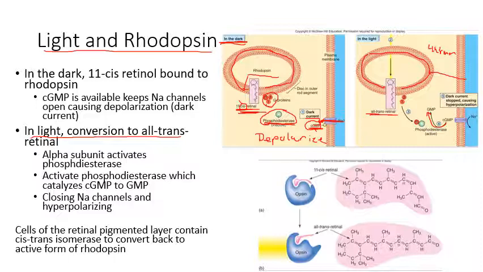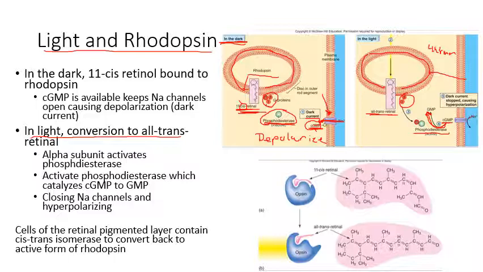And that will cause activation of these G proteins. Now the G protein goes and turns on that enzyme, phosphodiesterase, and phosphodiesterase converts cyclic GMP to GMP. Now we are decreasing the levels of cyclic GMP. Remember, the cyclic GMP was keeping the sodium channel open.